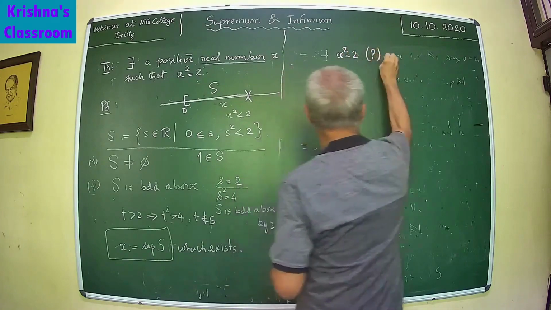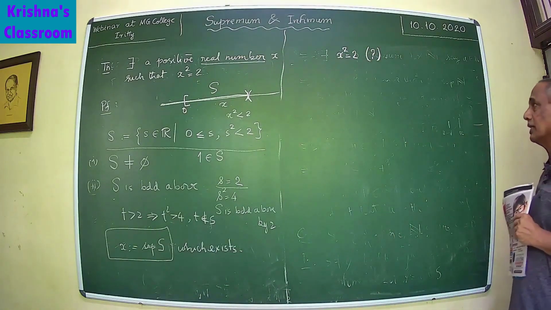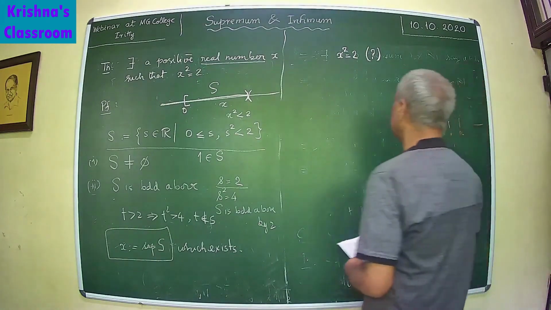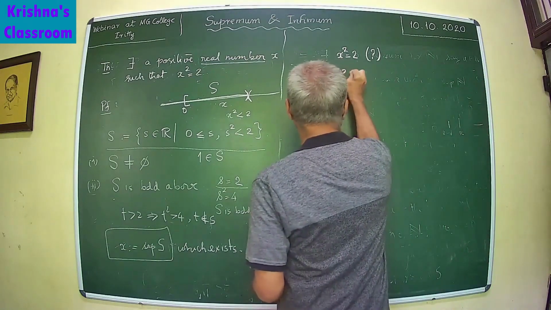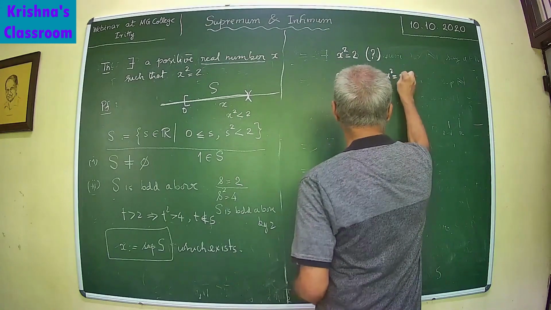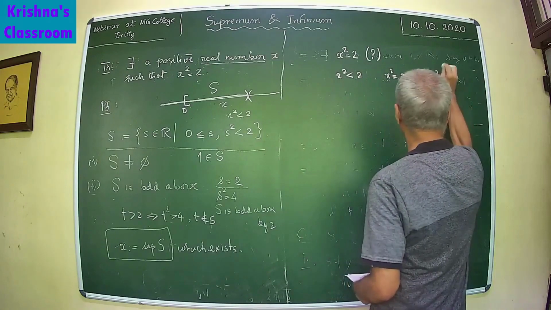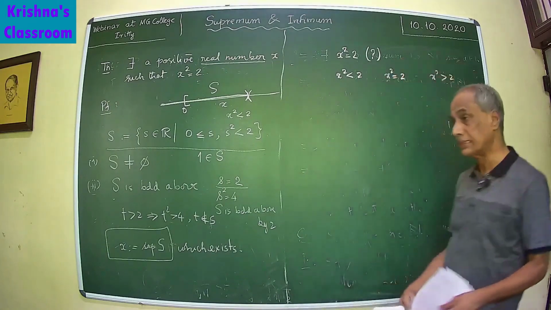Is it true? That's the question that you are asking. What are the possibilities? x squared could be less than 2, x squared could be equal to 2, or x squared could be greater than 2. There are 3 possibilities.